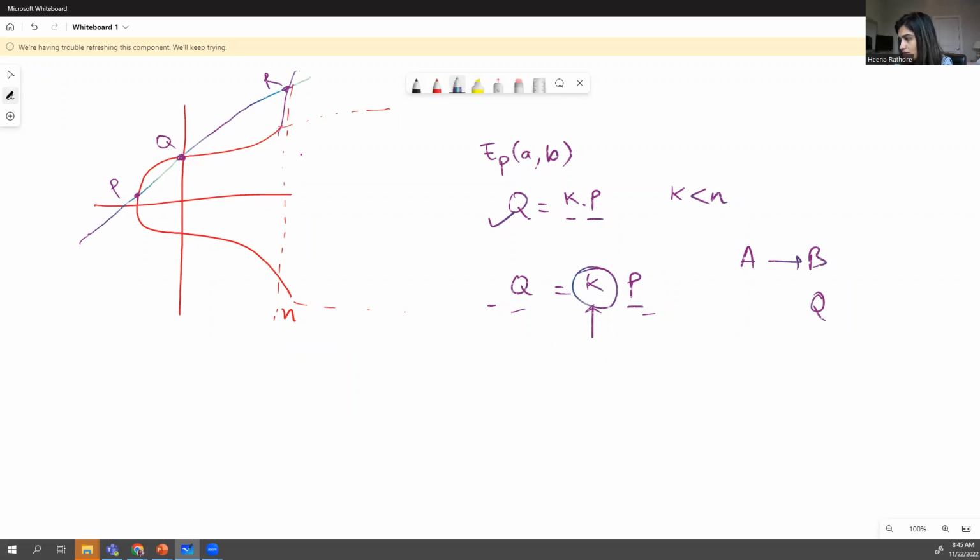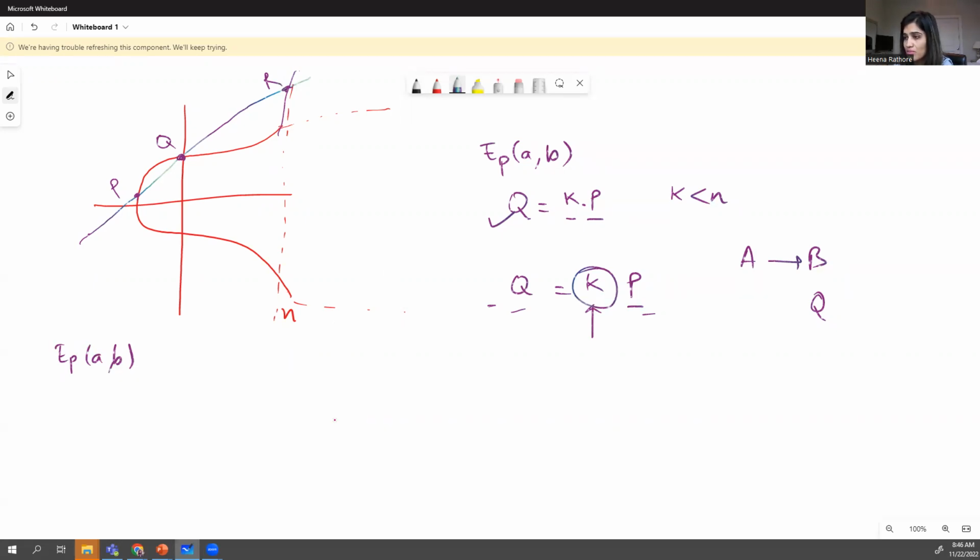And now let's try to understand this elliptic curve in terms of some mathematical formulation. So here, as I said, imagine that you have drawn a graph in such a way that EP is the curve on A and B, where the parameters A and B are changed.